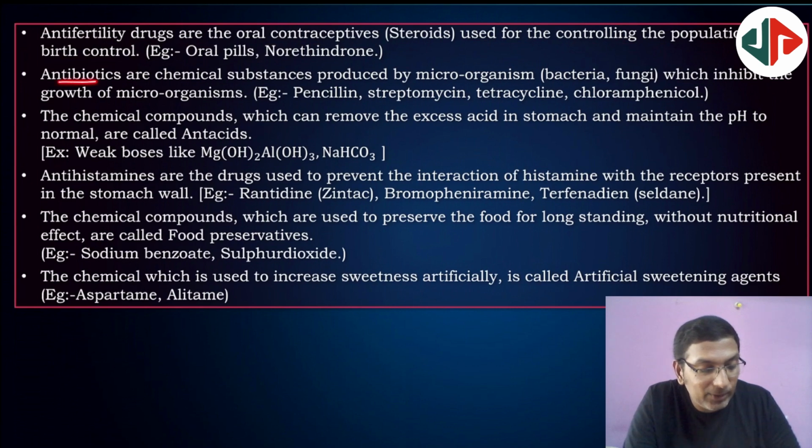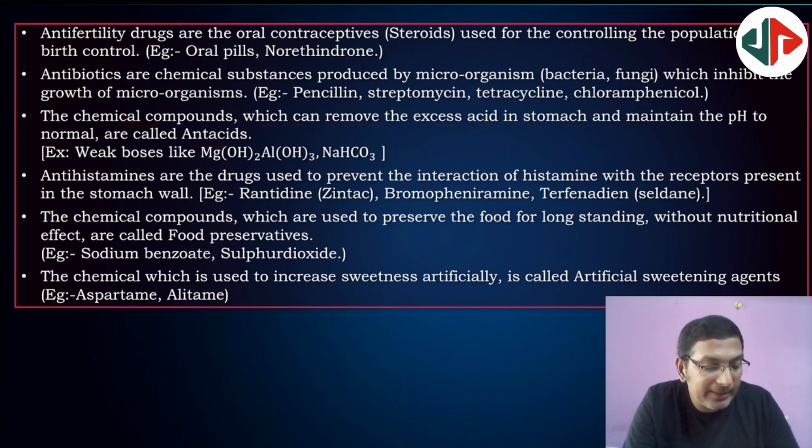Next, antibiotics are chemicals produced by microorganisms which inhibit the growth of microorganisms. Penicillin, streptomycin, tetracycline, chloramphenicol. The chemical compounds which can remove the excess acid present in the stomach are known as antacids.